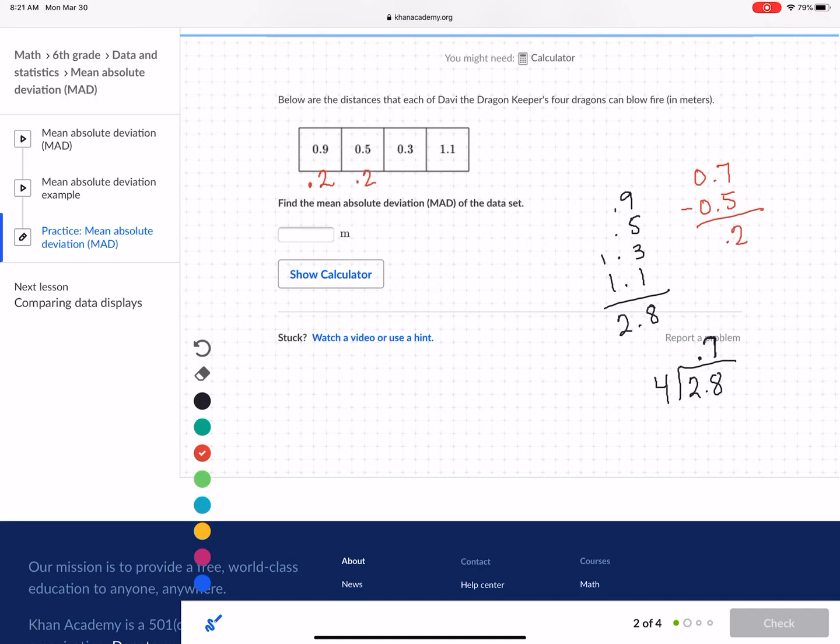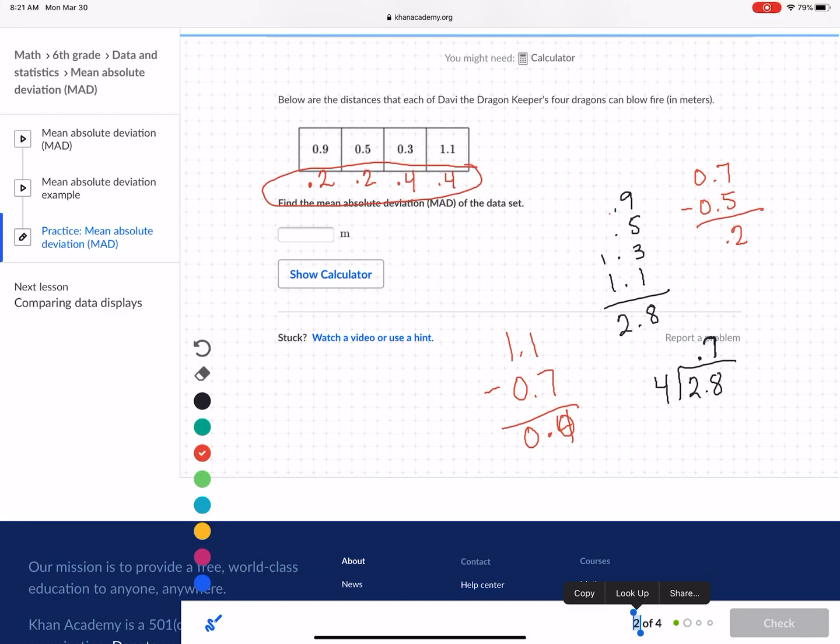Now, 0.3 is 0.4 away from the mean, and 1.1 is also 0.4 away from the mean because 1.1 minus 0.7 is equal to 0.4.